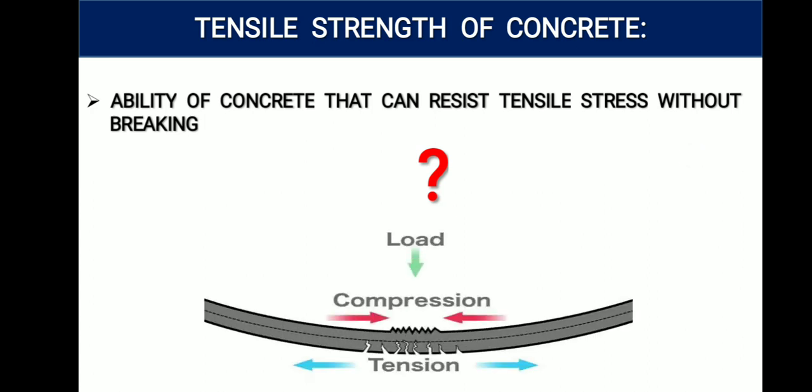In this image, you can see that if much load is applied, the beam or the concrete is weak in tension. It starts forming cracks, and if more cracks are formed, obviously the beam or the concrete will fail.